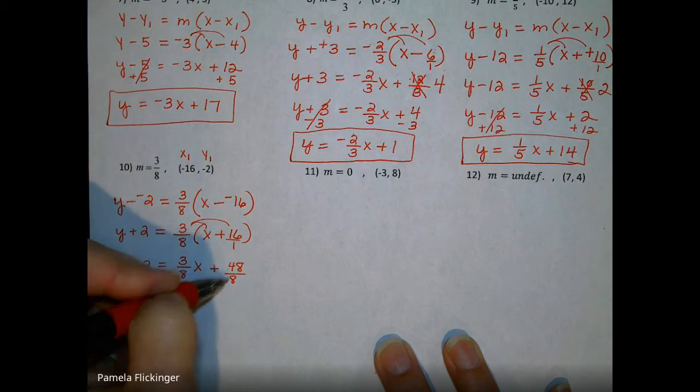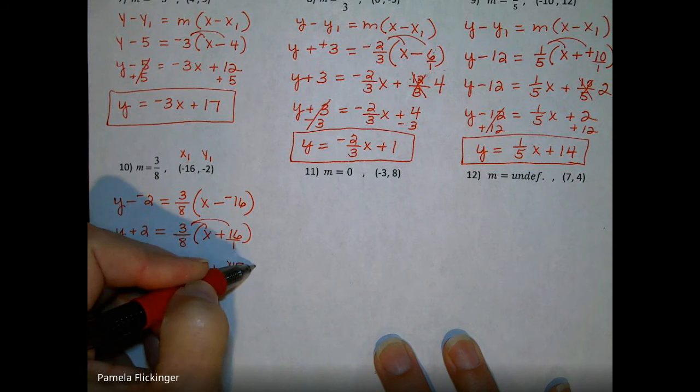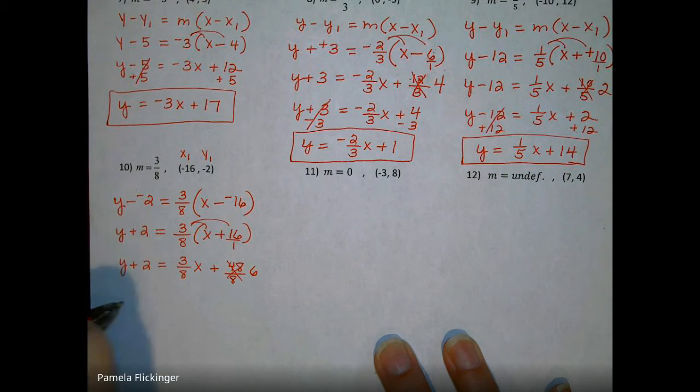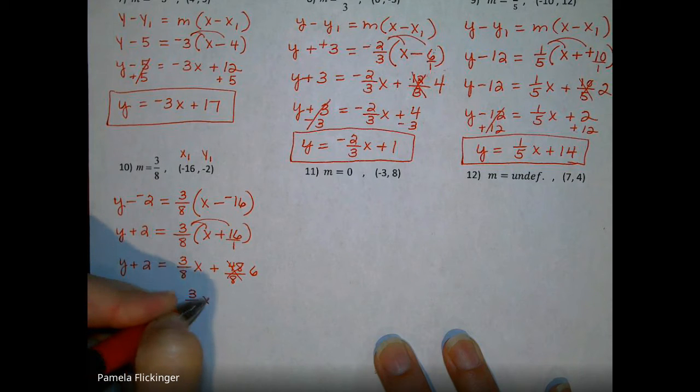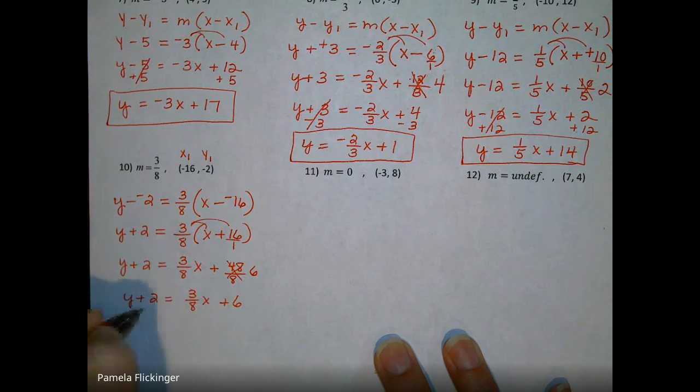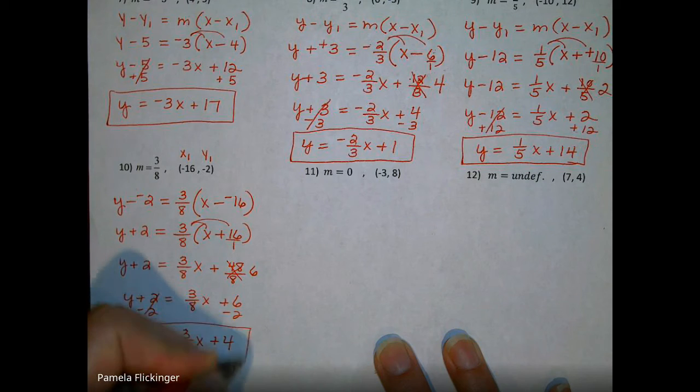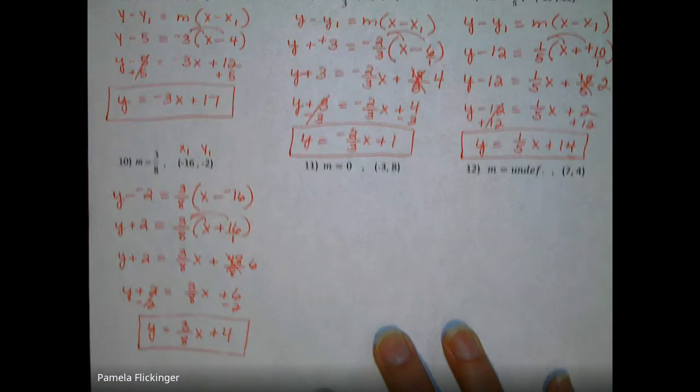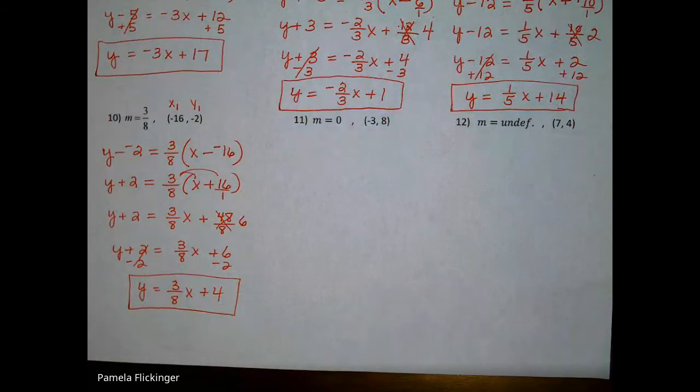And 48 divided by 8 is actually 6. So I've got y plus 2 equals 3/8 x plus 6. And then I'll subtract 2 to finish it up. Y equals 3/8 x plus 4.